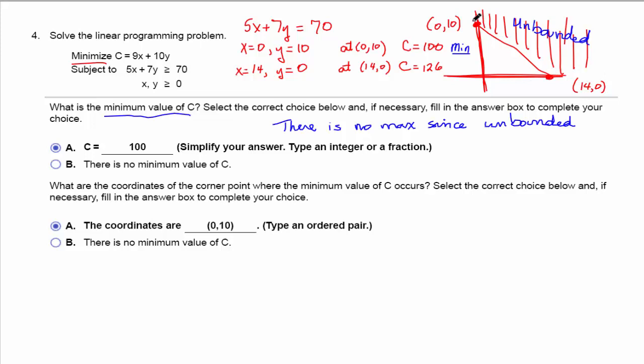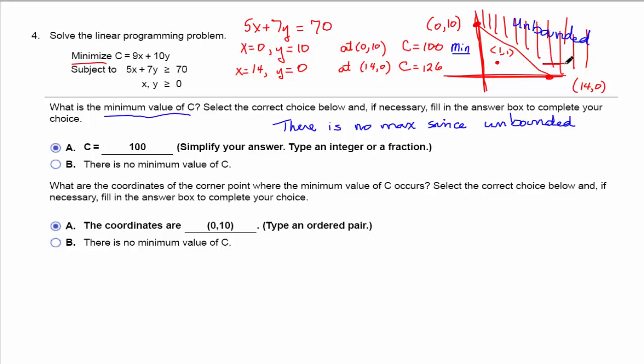Now I can pick my easy test point again, 1, 1. Test it out. 5 plus 7 is 12, and is that greater than or equal to 70? No. So all the points in there don't work, so everything on the other side does.